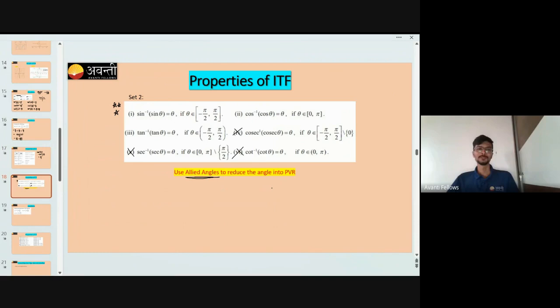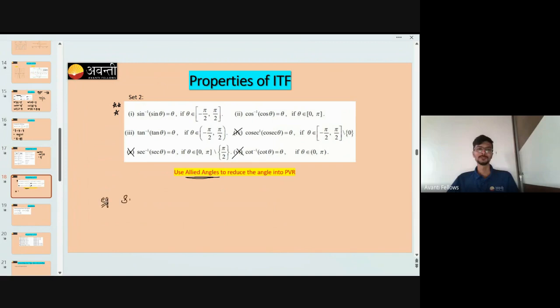So let us look at how to apply these properties in questions. Or do you want me to revise allied angles? Okay. Let's just see some examples on allied angles.